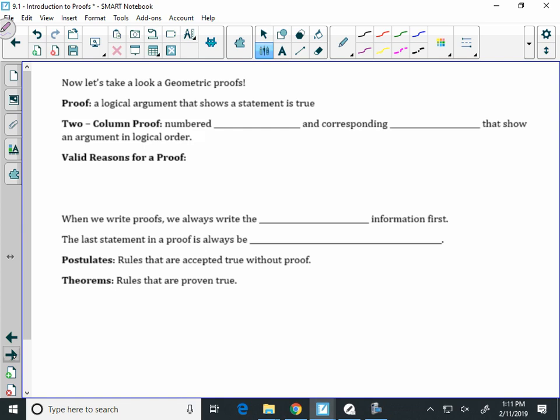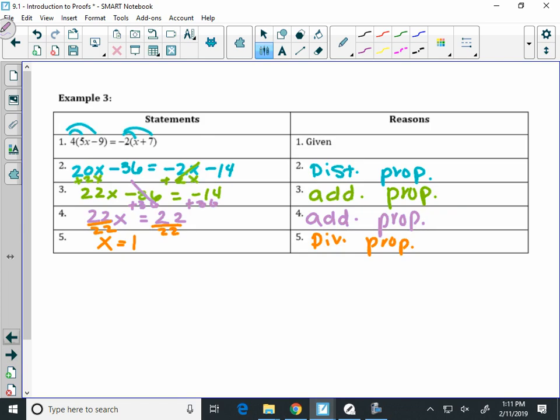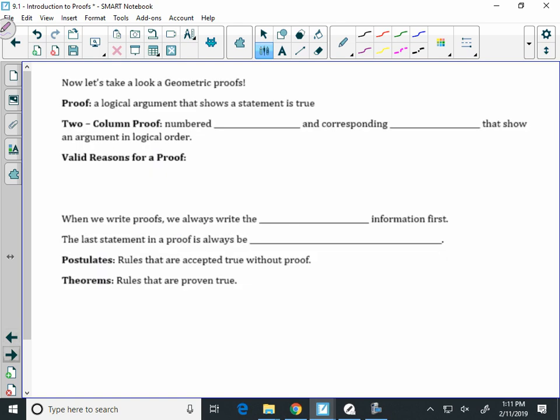Okay? We use two column proofs in here. This is a two column proof. Okay? It's numbered statements. So we have statements with corresponding reasons that show an argument in logical order.